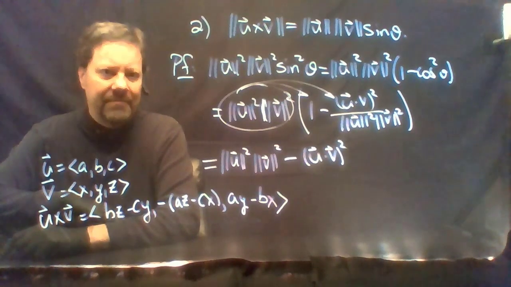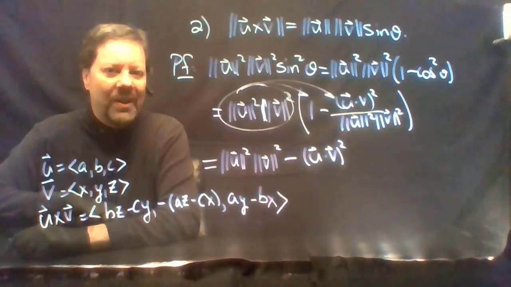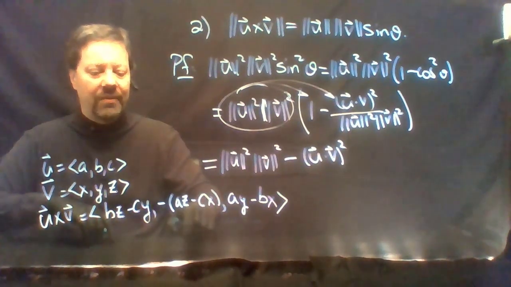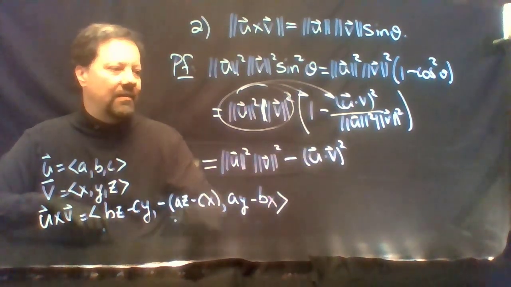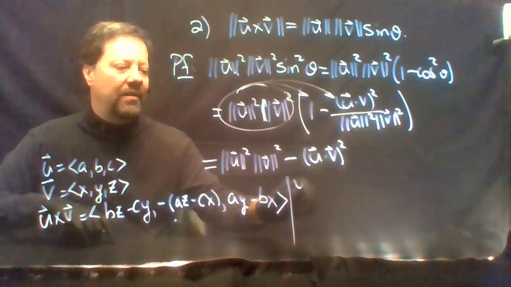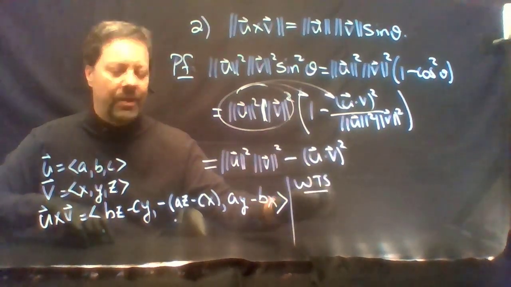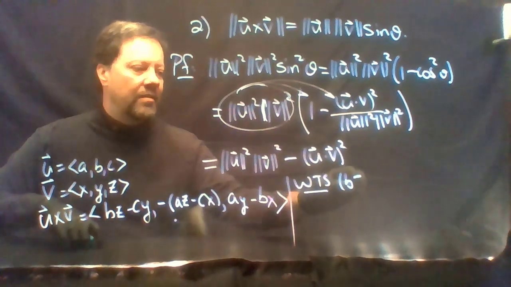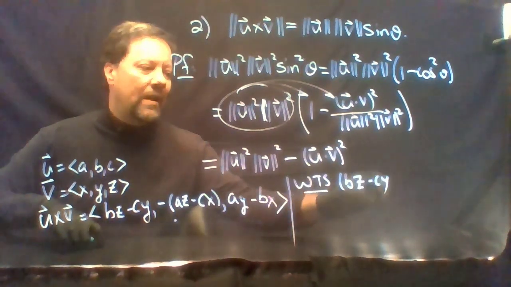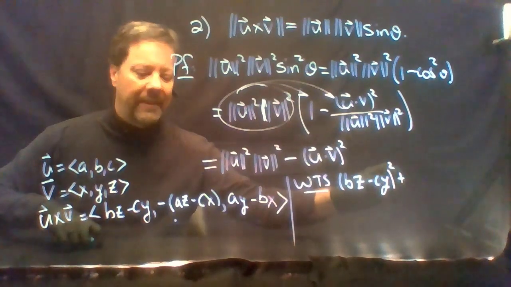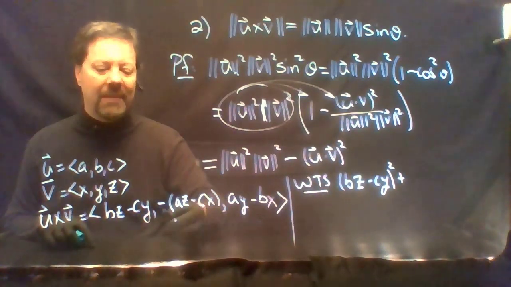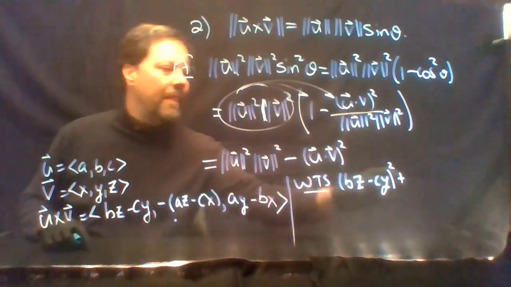To do that, I'm going to use the computer. We want to show that BZ minus CY squared plus, when we take the norm, we square the coordinates. This minus will get squared away.